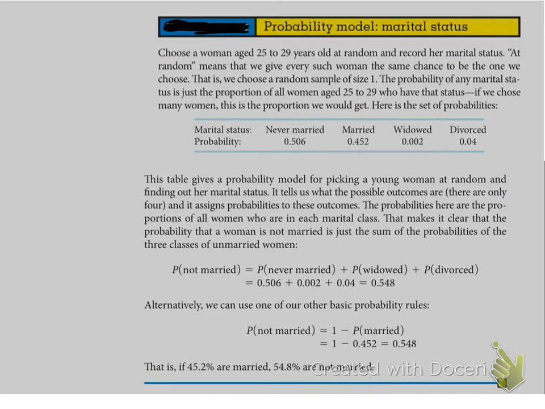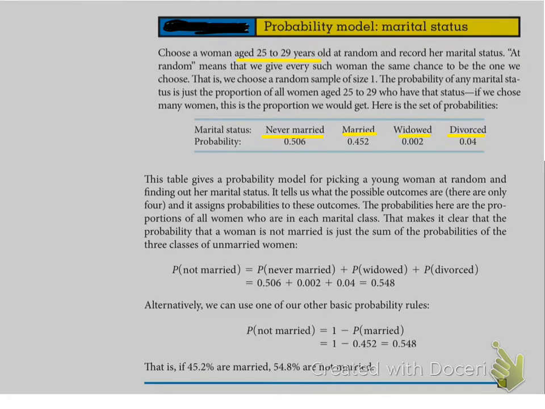In your book they talked about the probability model of marital status. They chose women from 25 to 29 years old and checked their marital status. They have different categories here: never married, married, widowed, or divorced.